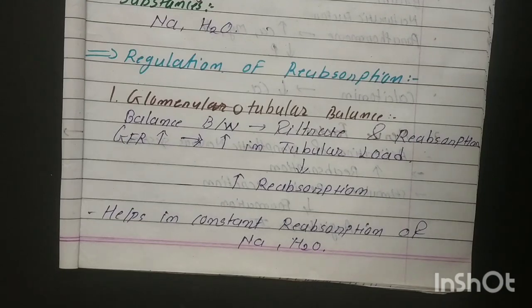No cell can function except with sodium and water. There is a constant requirement in our body for sodium and water, right? So sodium and water reabsorption is very important, and it occurs by the glomerulotubular balance.